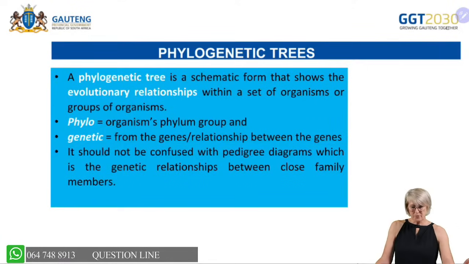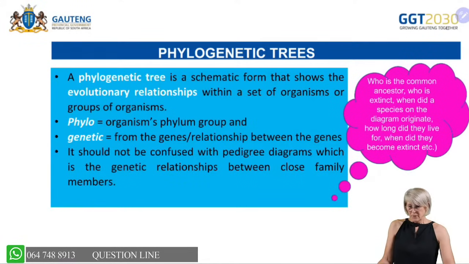Now the term phylo means the organism's phylum group, and then genetic is obviously from the genes. And remember I said to you, when we look at genetic evidence, we'll have a look at how much similarity there is between the genes or how much difference there is. And that's how we then can determine how closely they are related. Right.